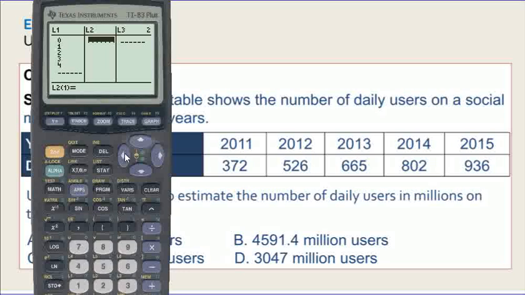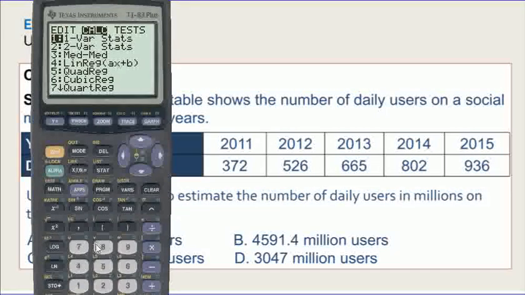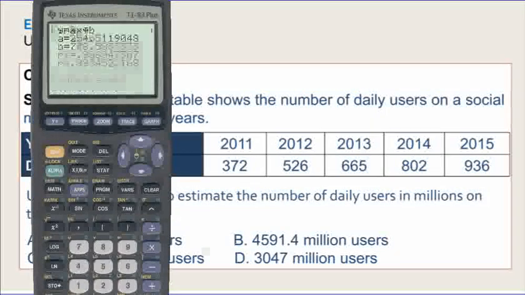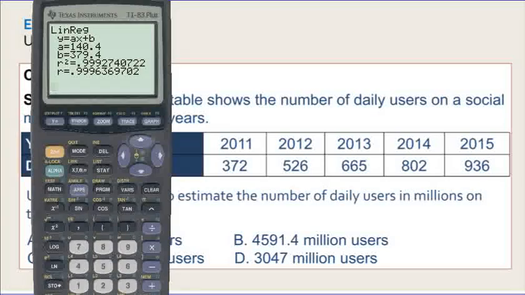And then going over, we got 372, 526, 665, 802, 936. And then we hit Stat. Let's go to Calculate. Number 4. Hit Enter. Here we have our equation.